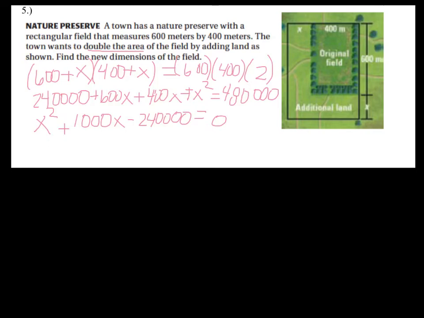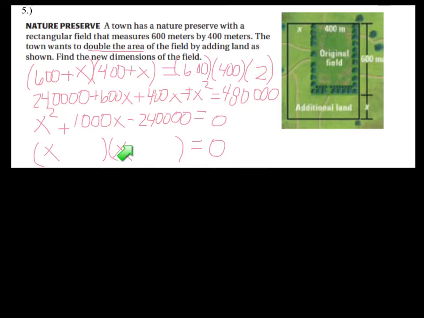So I'm going to set up my binomials. And these are large numbers, but we can do it. My first terms have to multiply to give me x squared. So it's got to be x times x.